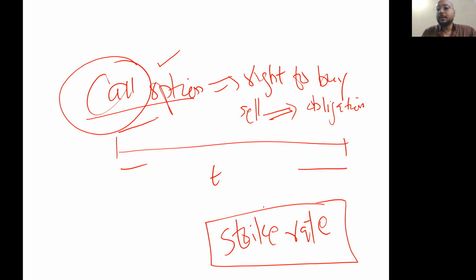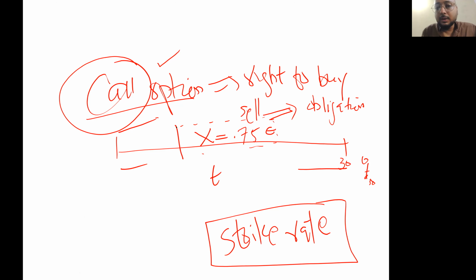Simple. So at the time T, for example 30 days, when you reach here, the strike price is, for example, you want to buy $1, $1 is equal to 0.75 euro. Let me change the color here.